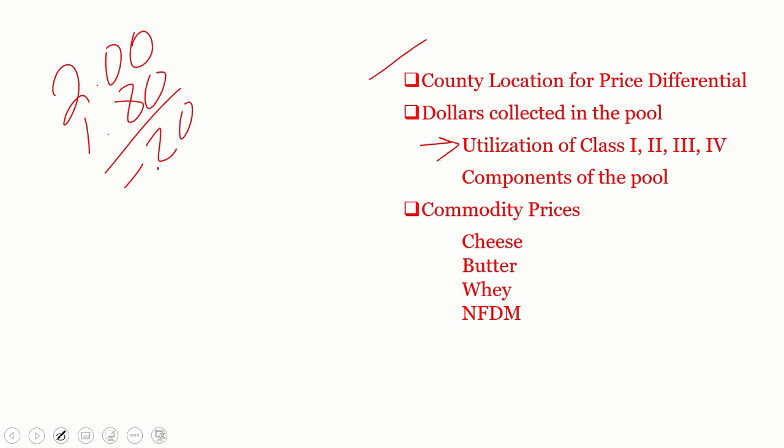If you're going to depool, there's going to be less Class 3, and that's why utilization is terribly important. We need to know the components of the pool, because if we have higher components, we take more money out as components and less as fluid. Then we simply need to know the commodity prices reported the 4 or 5 weeks prior to that being announced, and then we can estimate the milk check fairly easily.